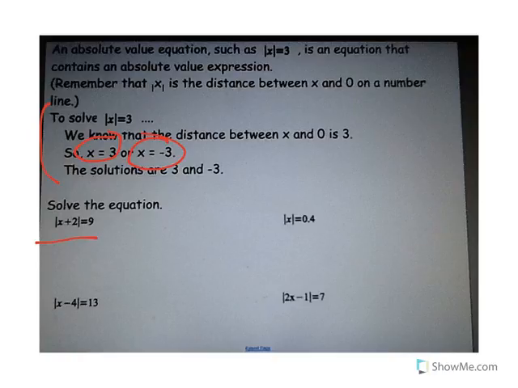So let's look at how we solve these. The key to understanding this sort of thing is you've got to set up two equations for most of these problems. So for this one right here, we have to rewrite the equation. It's going to be like this. That's the first equation. And then it's also going to be like this.